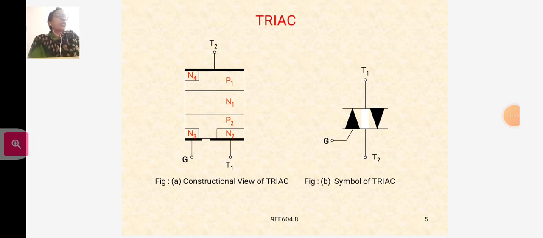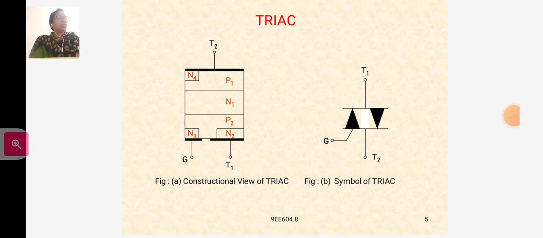However, in an AC system, it is necessary to control both positive and negative half cycles. For this purpose, a semiconductor device called the triac is used. It is a combination of two SCRs connected in anti-parallel.